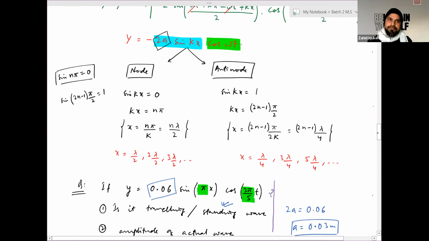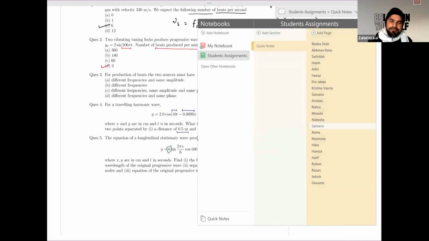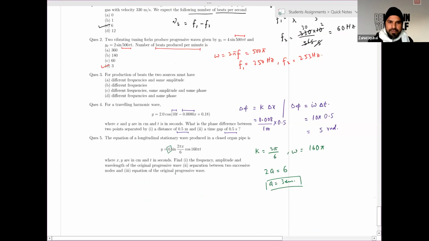This was the relation: y equals 2 times A sine kx and omega t. That's why the amplitude gets doubled on superimposing. Further, we have to calculate the separation between two successive nodes.